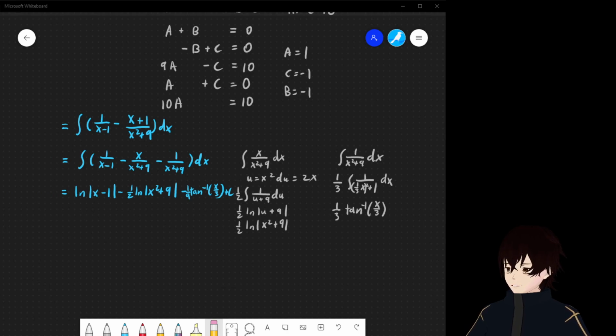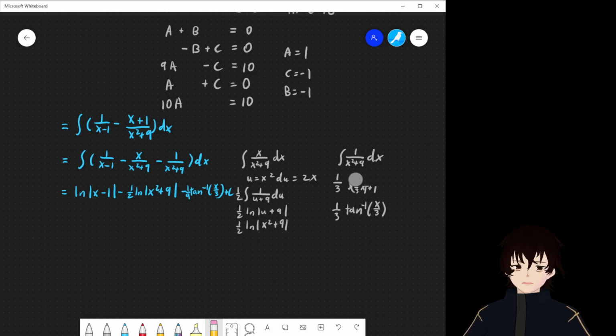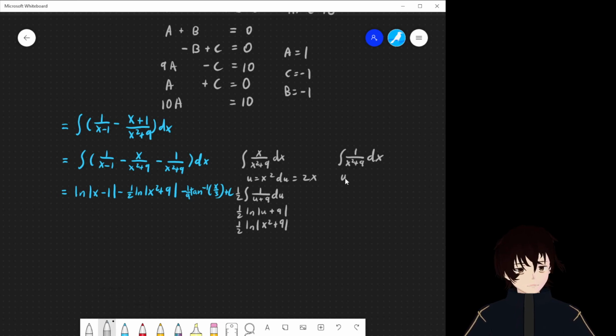Okay. So where did it go wrong? Let's try this part again because I know I made a mistake somewhere. It should be a 1/3, but I need to know why. u is equal to x over 3. u is equal to 1/3 x.